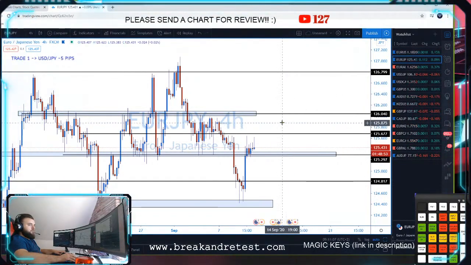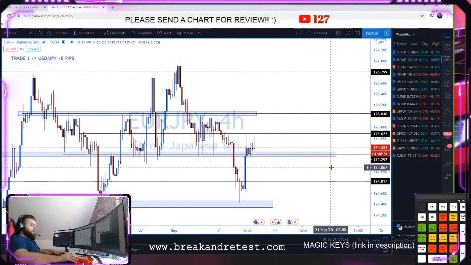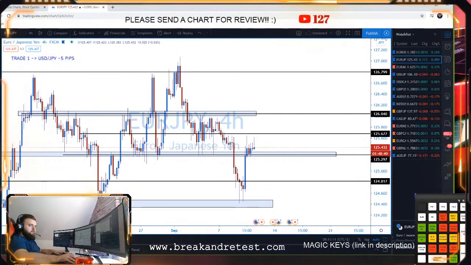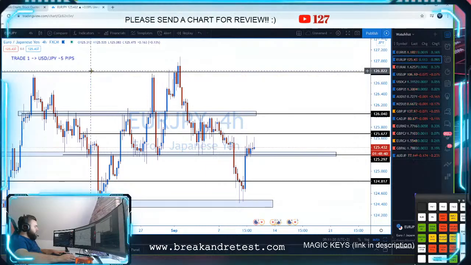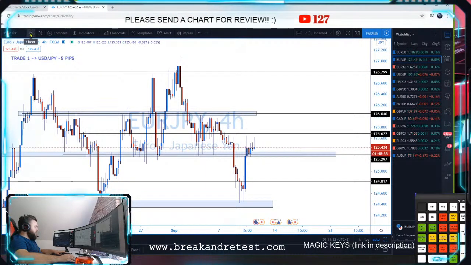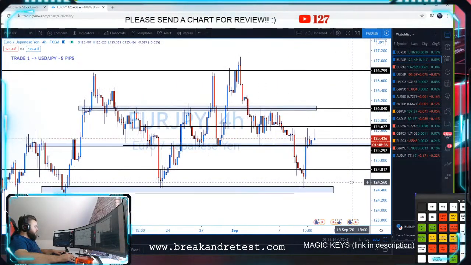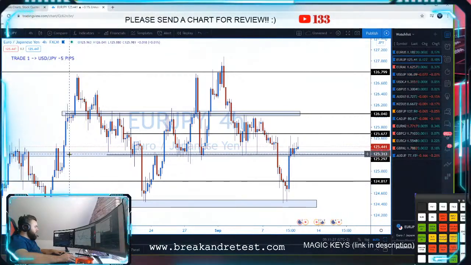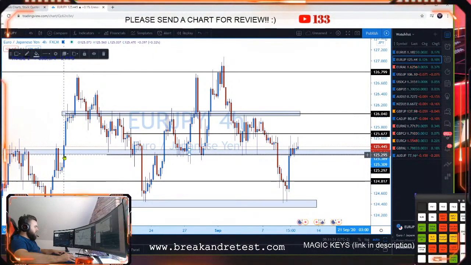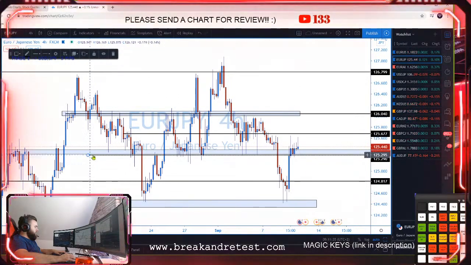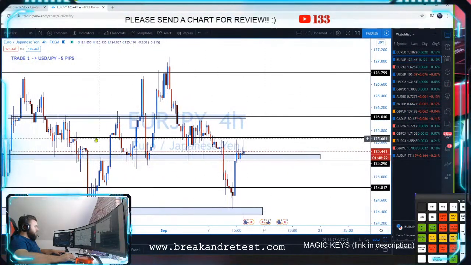Okay, here we go. So EJ broke above this 4 hour resistance and made a retest and had some continuation to the upside, but we are getting rejected.